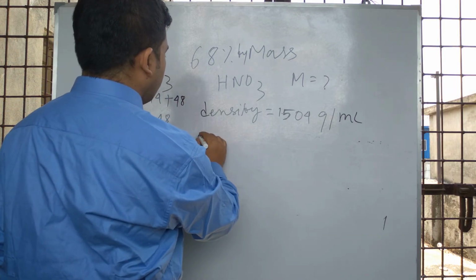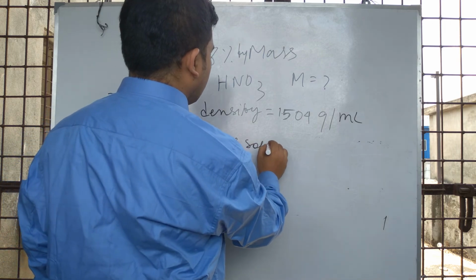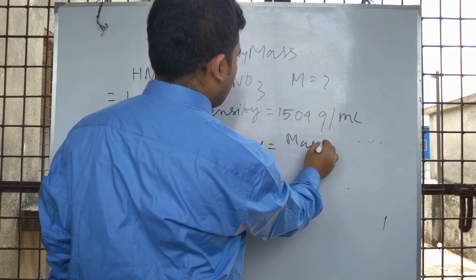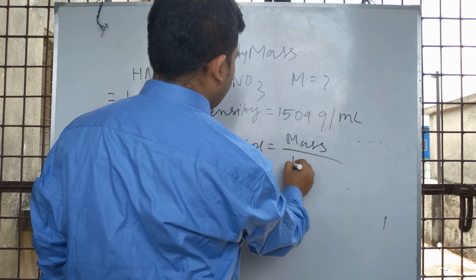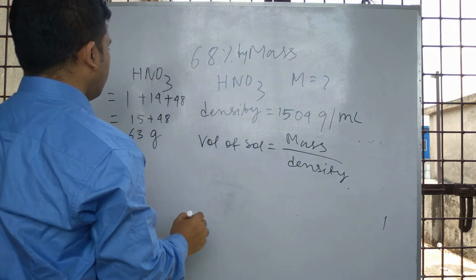We have to calculate the volume of solution, equal to mass of solution by density of solution.